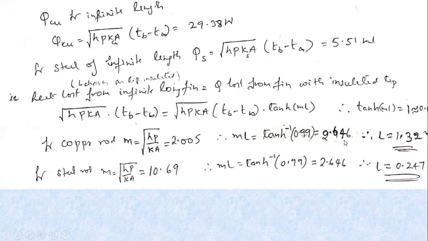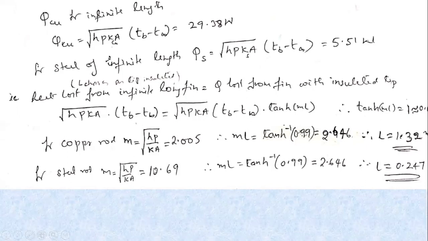So we'll get some value and from this we get the value of L since m is known. So what should be the length of the copper rod? The length of the copper rod should be 1.32 meters to become infinite. That means the minimum length should be 1.32 meters to consider it as an infinite length.